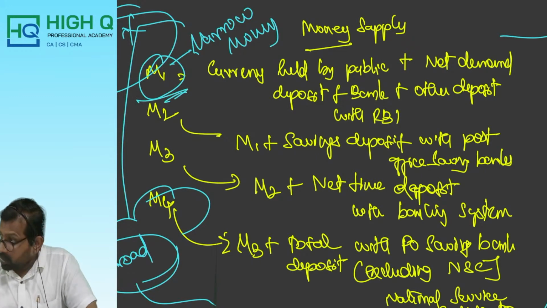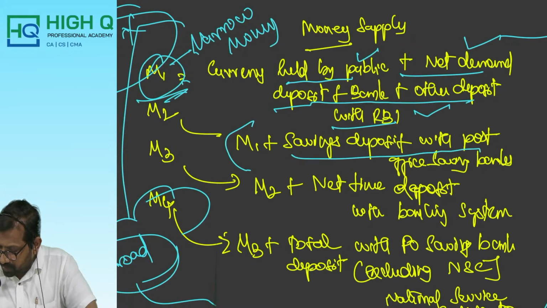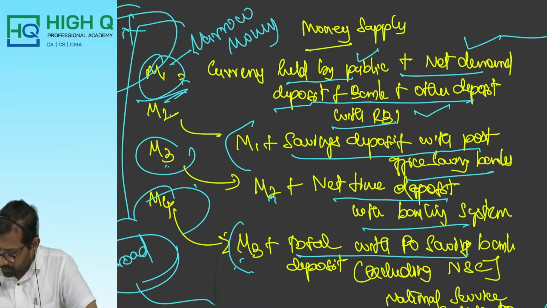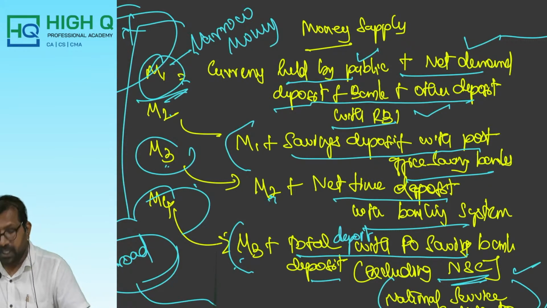M1 represents currency held by the public, net demand deposits plus banks plus other deposits with RBI. M2 is M1 plus savings deposits with post office banks. M3 is M2 plus net time deposits with the banking system. M4 is M3 plus total deposits with post office savings banks excluding NSC.